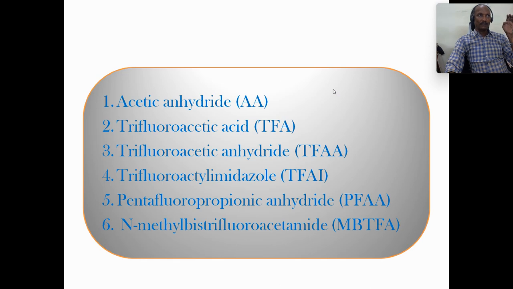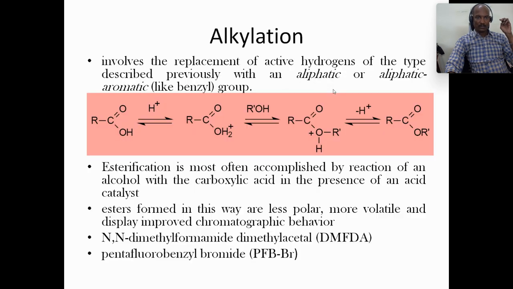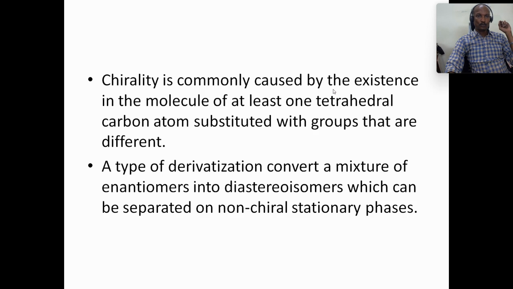The reagents include acetic anhydride, trifluoroacetic acid, trifluoroacetic anhydride, trifluoroacetylimidazole, pentafluoropropionic anhydride, and N-methyl-bis-trifluoroacetamide. Next, alkylation. It involves the replacement of active hydrogens of the type described previously with an aliphatic or aliphatic-aromatic group.